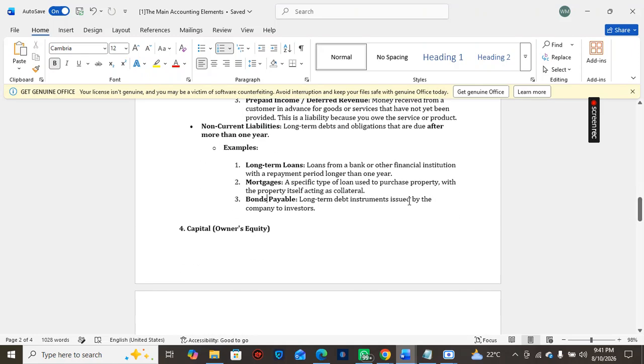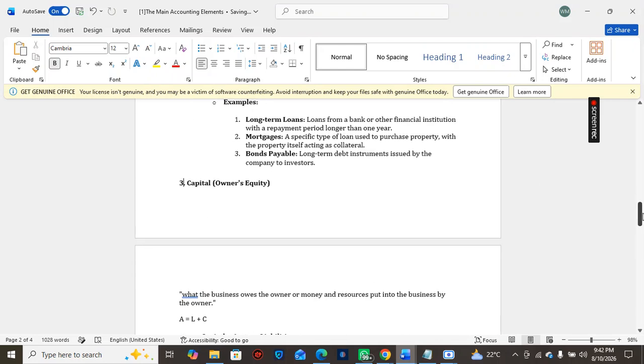The third account, capital. Capital is for sole traders and partnerships; for companies, it's equity. This capital is the resources put into the business by the owner.